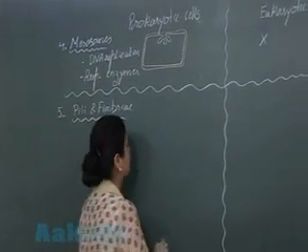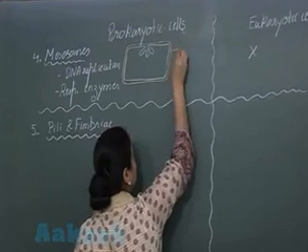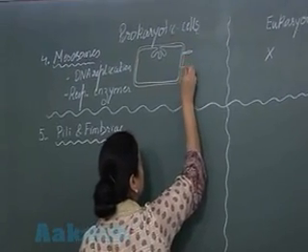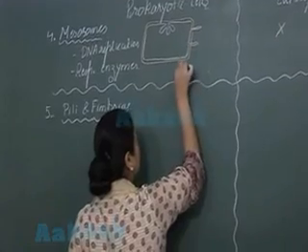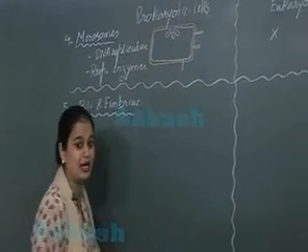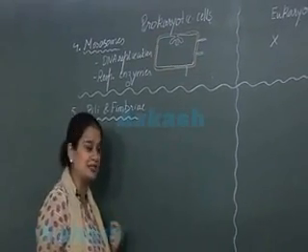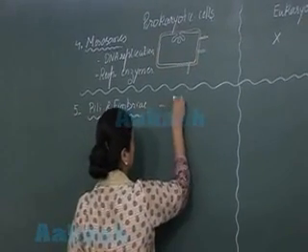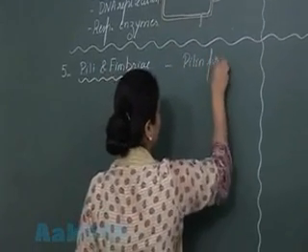They are the outgrowths of the plasma membrane, like this. So I am making all the pili and fimbriae outside the cell. Now these outgrowths are made up of protein. That protein is known as pilin protein.